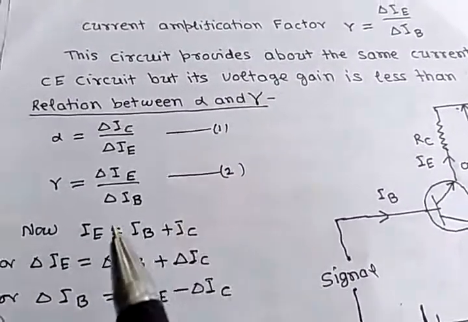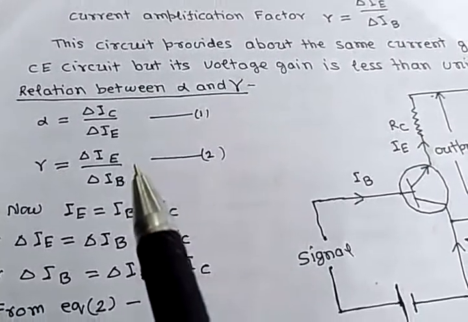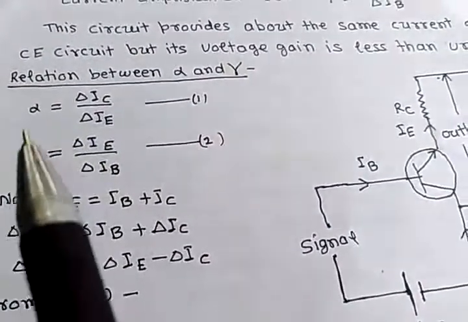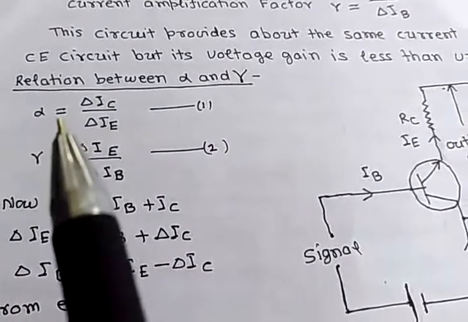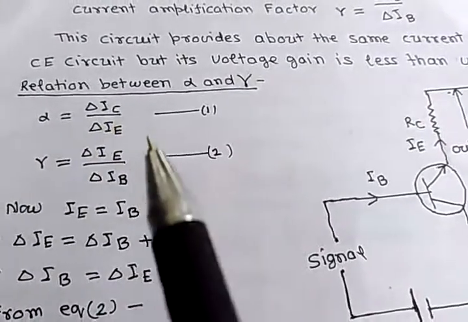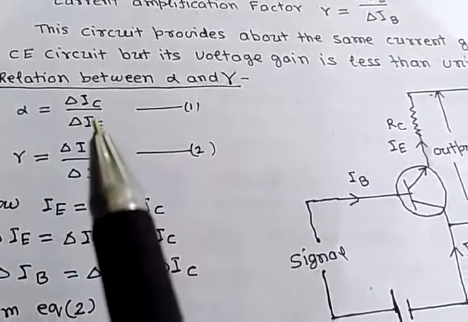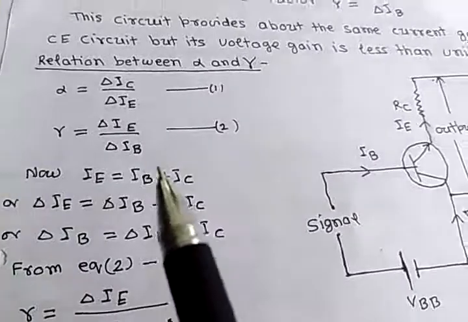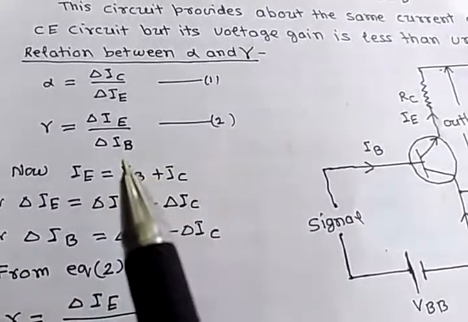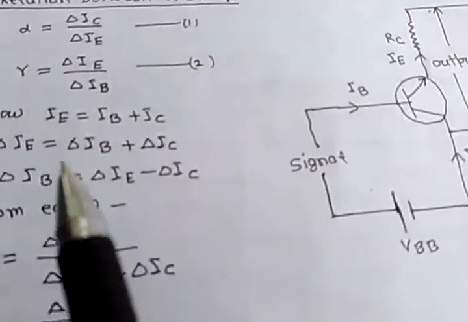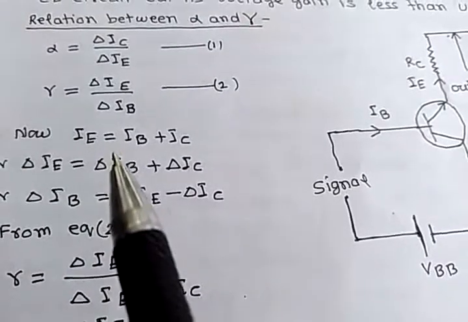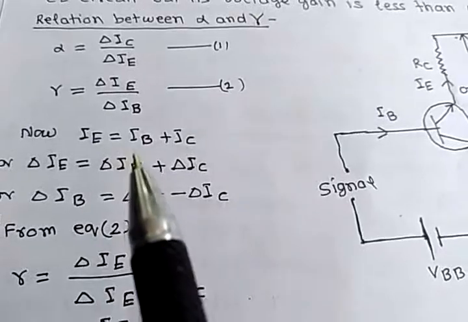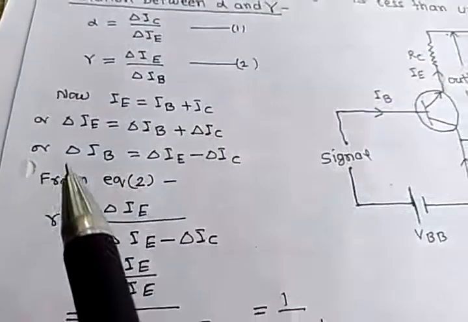Now we will find the relationship between alpha and gamma. Alpha is the current amplification factor in case of common base configuration, and it is equal to delta IC upon delta IE. Gamma equals delta IE upon delta IB. Since IE equals IB plus IC, emitter current equals base current plus collector current.